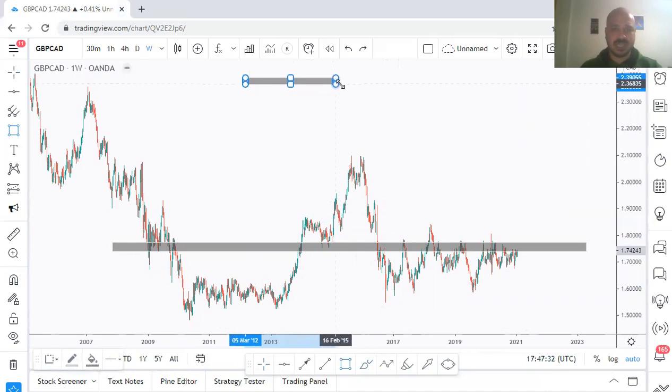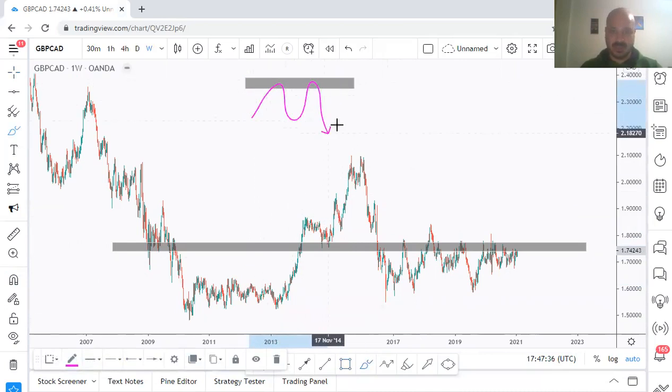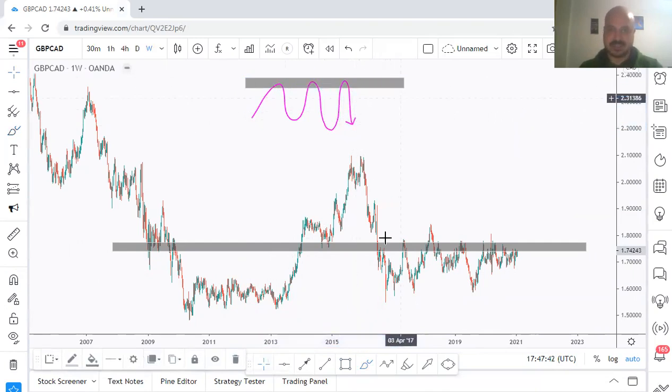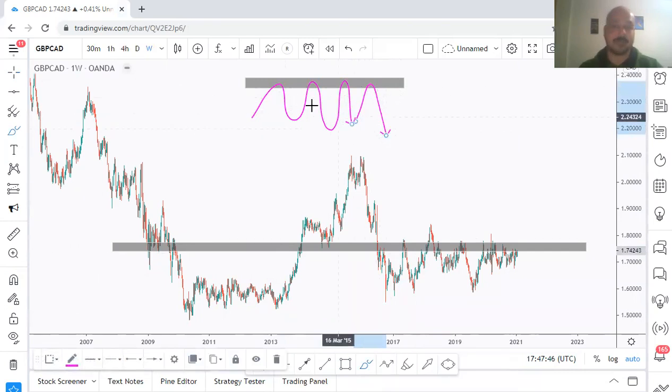Because we all know, if we have a resistance, the more touches the resistance is having, the less likely that price would reject it again, because this resistance would be obvious for everyone, and everyone already sold around it.